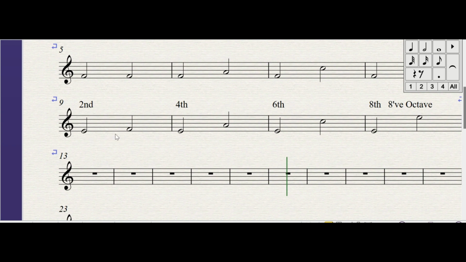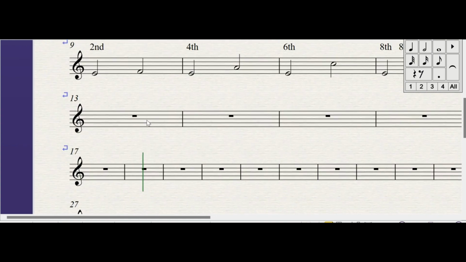So space to line gives you even numbers. And if you should reverse it, that is, line to space will give you even numbers. And if you reverse it and you go space to line, you'll also get even numbers. That's a second.